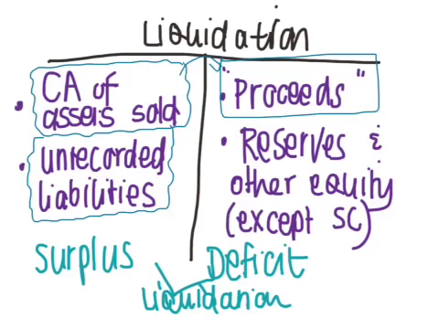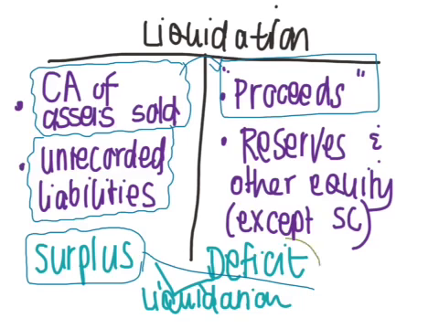So if the balancing figure sits on the debit side of the liquidation account, it means that it's a surplus on liquidation, and that's going to be transferred to the shareholders distribution account. A credit entry to the liquidation account means that there's a deficit on liquidation, so it's going to reduce what will be distributed to the shareholders, and therefore a debit to the shareholders distribution account. Okay, so this basically summarizes just the liquidation account.